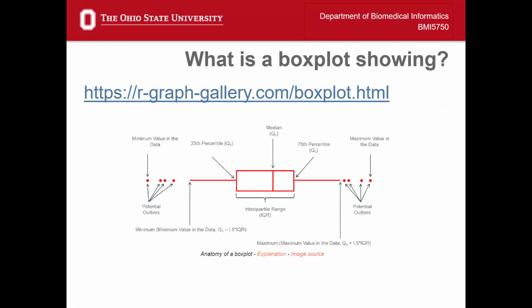Here's what I just told you, what a box plot is showing. I got this straight from the R Graph Gallery, which is a wonderful resource. And this explains why we might have outliers, because they are outside of the typical range. So if you're wondering what all the parts mean, this lays it out pretty well.